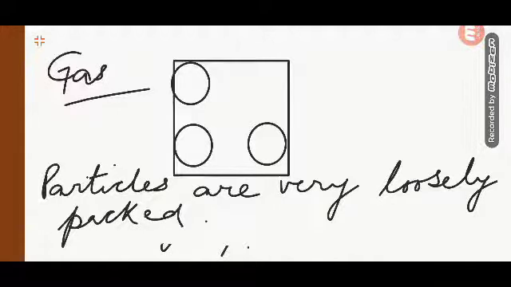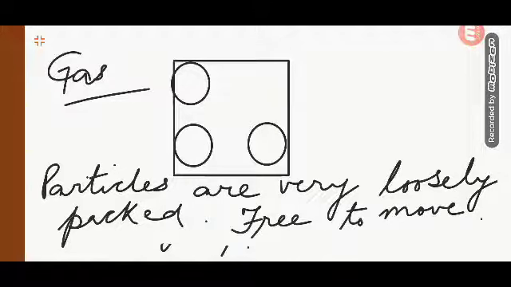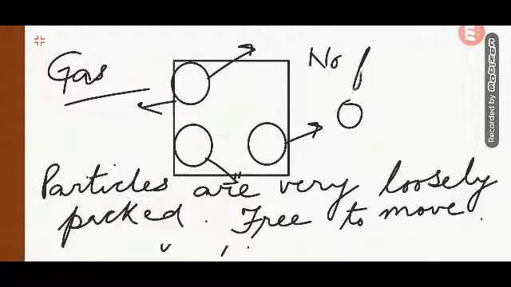Or if you spray a room freshener or a perfume, then also you can smell it. This happens because the smoke or that spray doesn't remain at one place. The particles of gas move around freely. They don't remain at one place like in a solid or in a liquid. They are free to move anywhere.